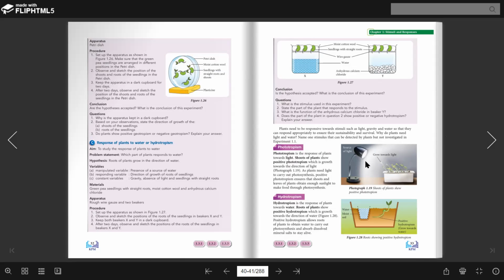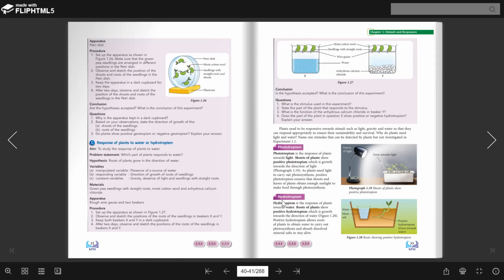Why is this very important? Because the plant needs light to do photosynthesis. Positive phototropism will ensure that the shoot and the leaf obtain enough sunlight to make food for photosynthesis.